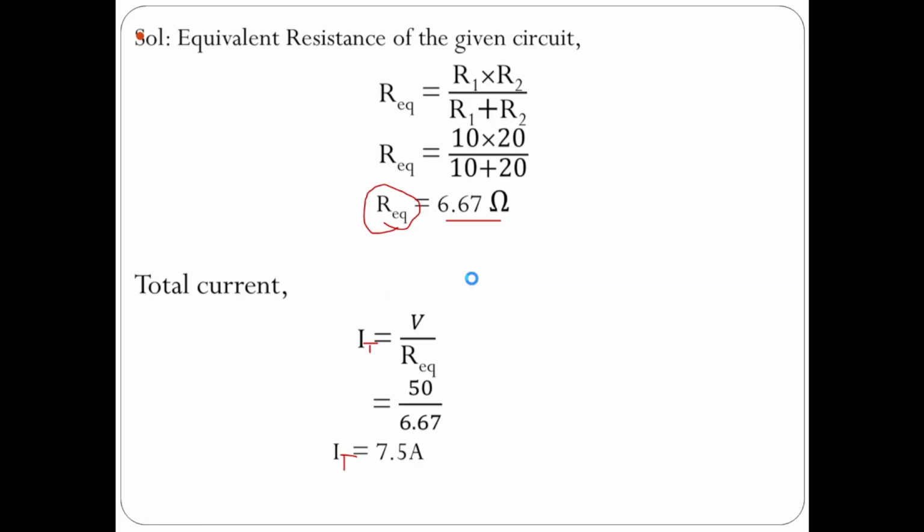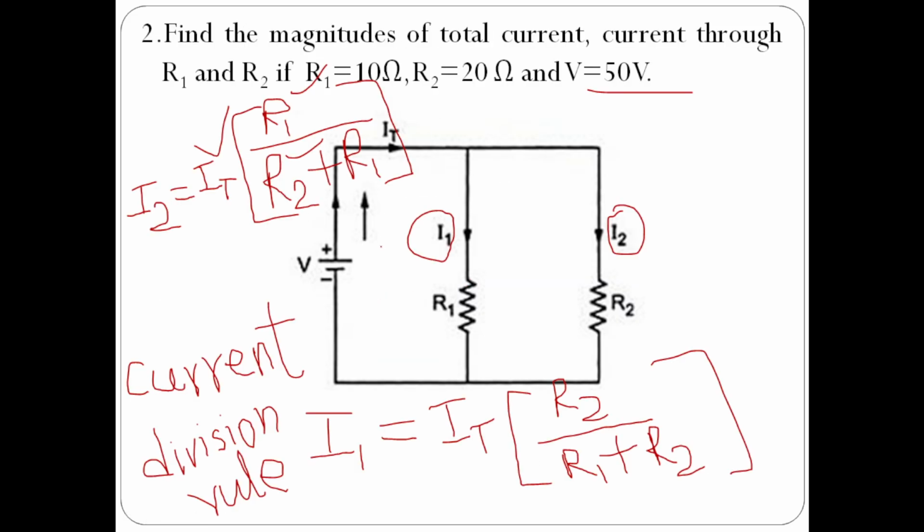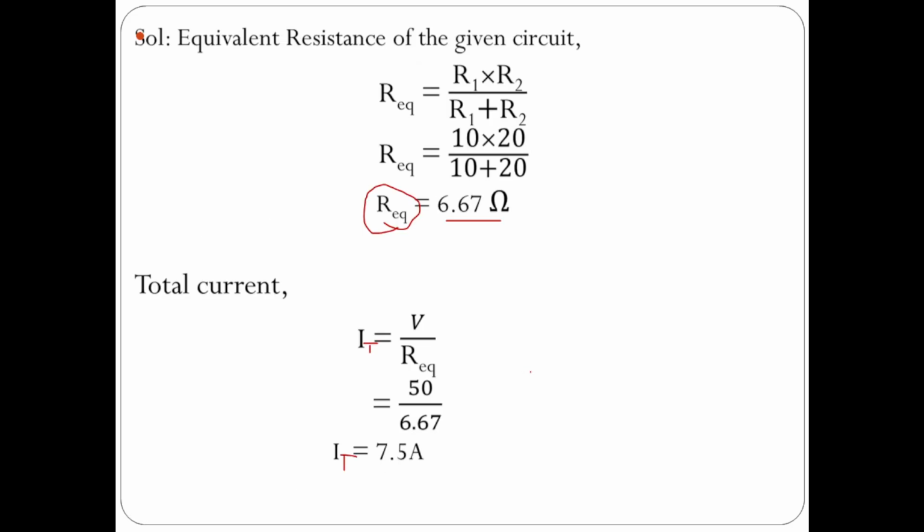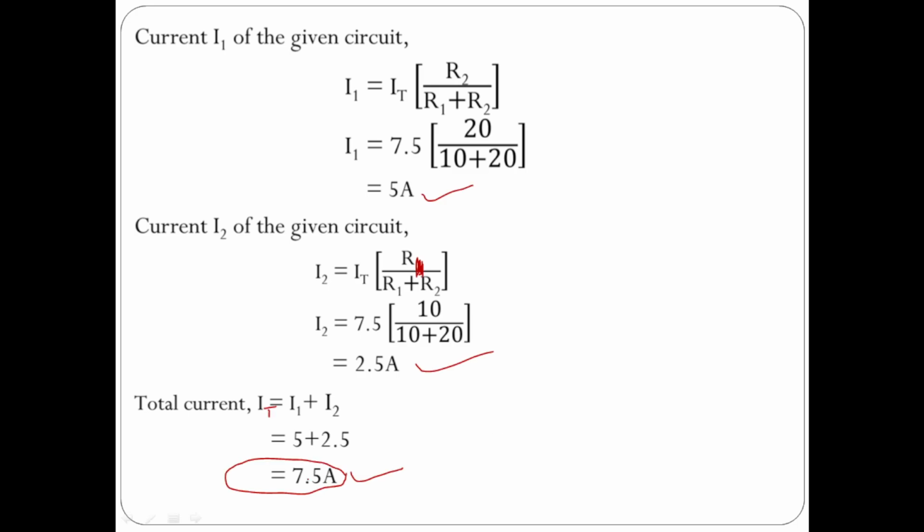Substitute I total and R1 in the numerator, add and simplify, and you will get 2.5 amperes. So IT is equal to I1 plus I2; adding them you get 7.5 amperes. It is the same current you already got. So this is it.